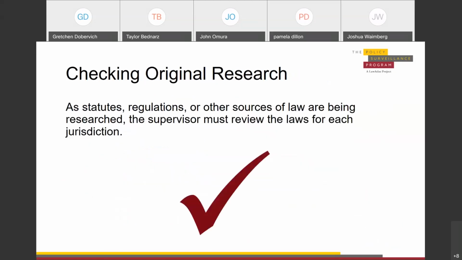So, once this research has been done and organized into master sheets, we usually have the supervisor check the original research. We want the supervisor reviewing for potential problems, such as just missing sections of the law. Are there sections of the law that are included in the table of contents that are not included in the master sheet?